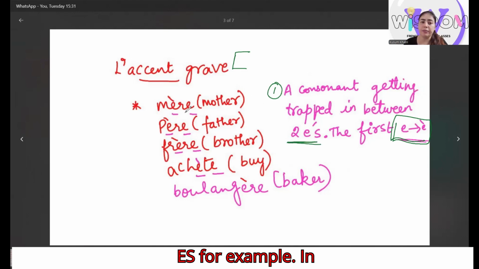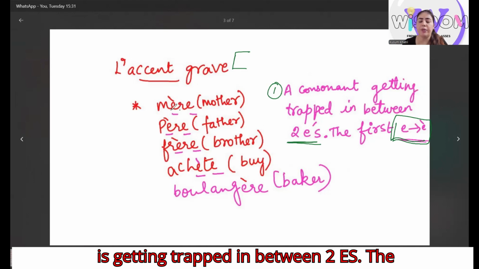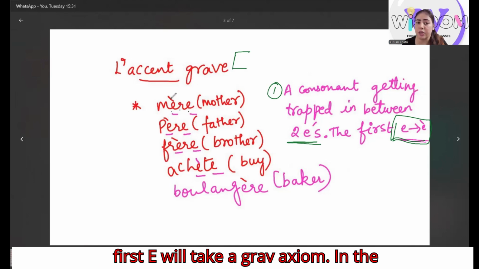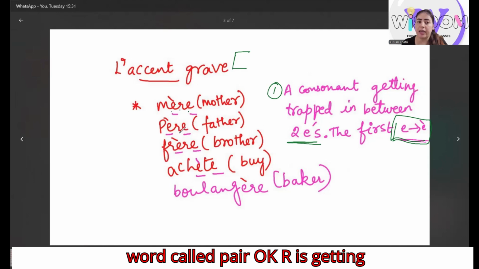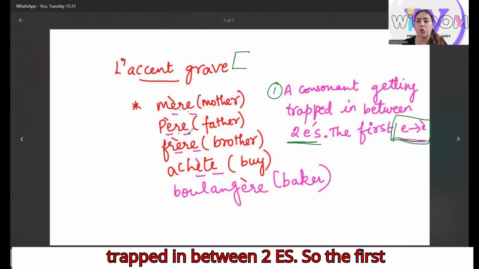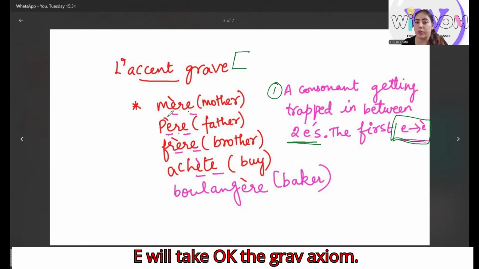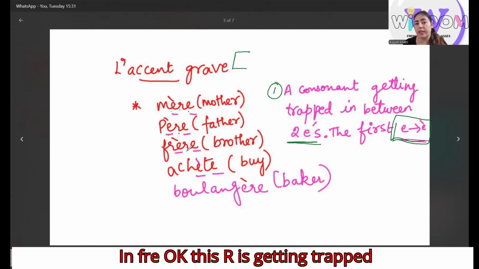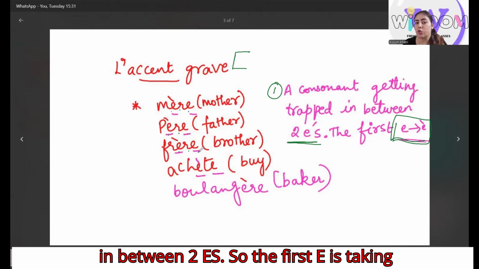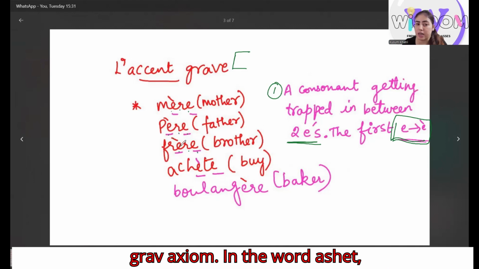For example, in the word mère, M-E-R-E, mère is mother, the R is trapped between two E's, so the first E will take a grave accent. In the word père, R is trapped between two E's, so the first E takes the grave accent. In frère, this R is trapped between two E's, so the first E is taking the grave accent.